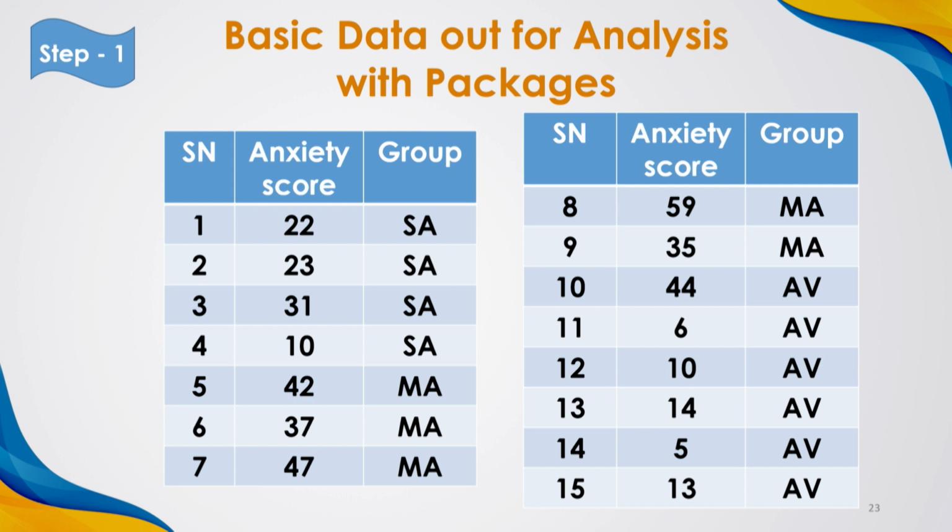So, the 3 different groups are the second variable. I have coded them as SA, MA and AV. So, those are the 3 groups. In order to perform an analysis of variance in any statistical package, this is the basic data layout a researcher has to make to perform a one-way ANOVA. Those things we will discuss in the subsequent lessons.